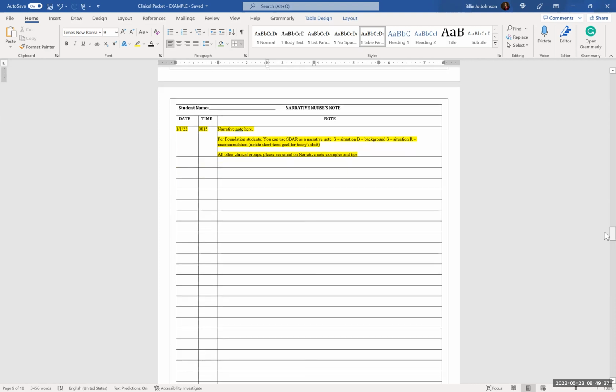Use S-bar as your narrative note. Okay, so for the R, basically, I just really want you to notate the short-term goal for today's shift. So while you are here for today's shift, what is the short-term goal for this specific patient? Okay, well, make sure you're using your S-bar as your narrative note.